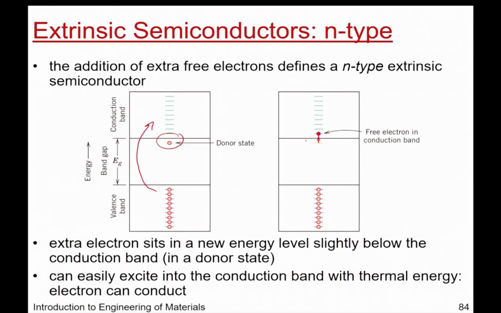I can also excite this electron from the donor state into the conduction band as well. But you can see that the energy levels are quite different, right? The amount of energy that one needs to overcome the band gap versus going from the donor state to the conduction band is drastically different. All right, so that means you can easily excite the electron from the donor state to the conduction band with just some thermal energy. Okay, thermal energy tends to overcome this type of difference in energy.